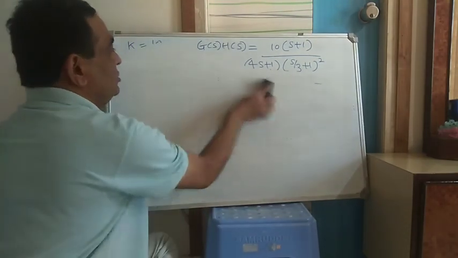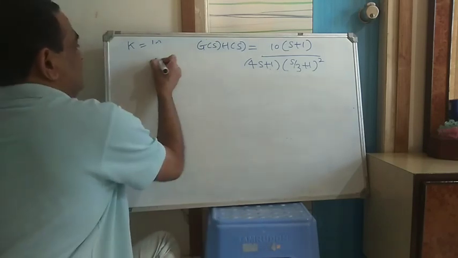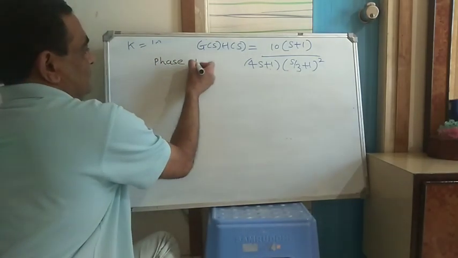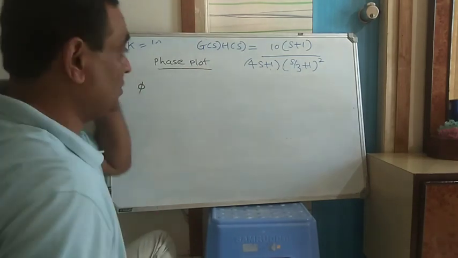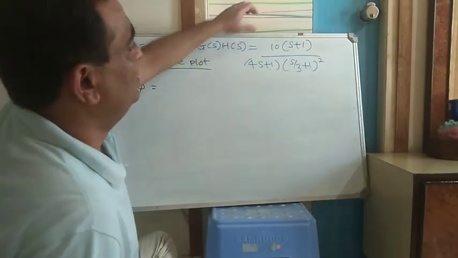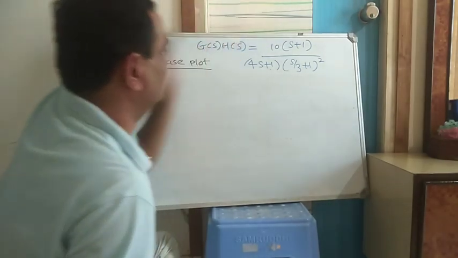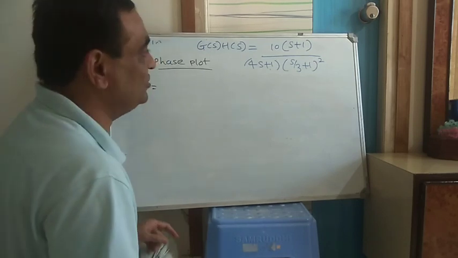Now let us check the phase plot. The phase equation is needed, so I need to convert S into j omega.